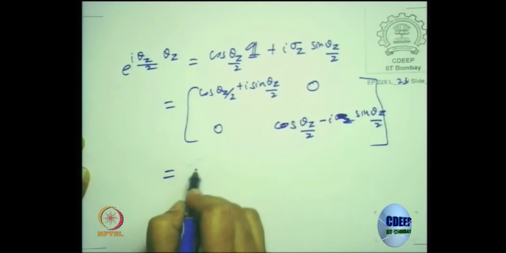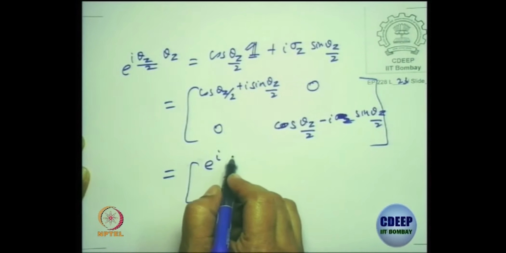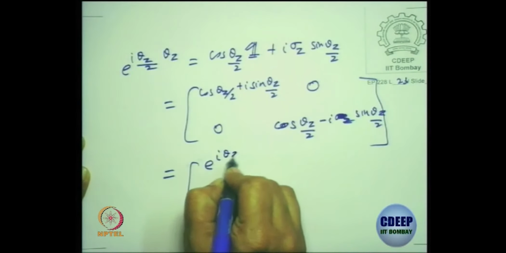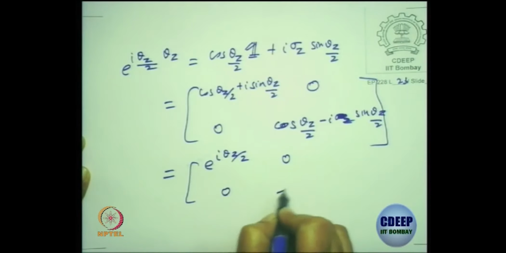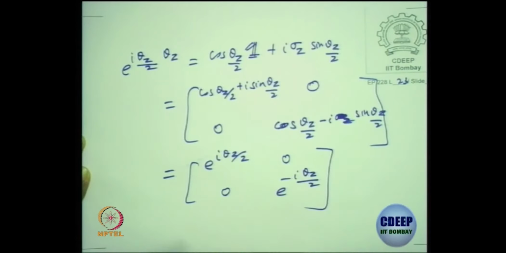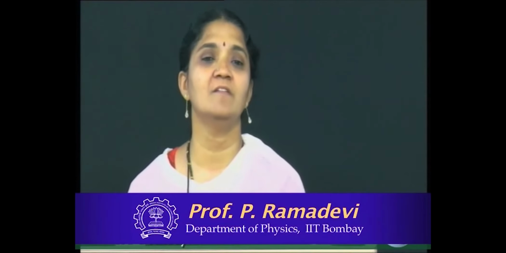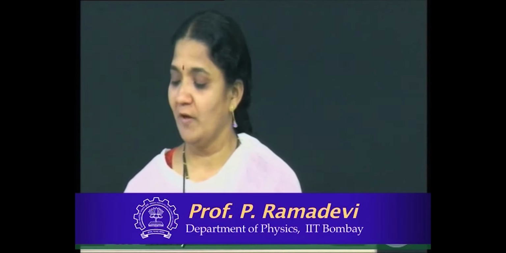So what will this matrix be? e to the i theta z by 2, 0, 0, and e to the minus i theta z by 2. Fine? That's it. So there is a lot of manipulation you can do with Pauli matrices, and the core thing is that these are unitary operators which perform your rotation in the internal space, and they are 2 by 2 matrices.